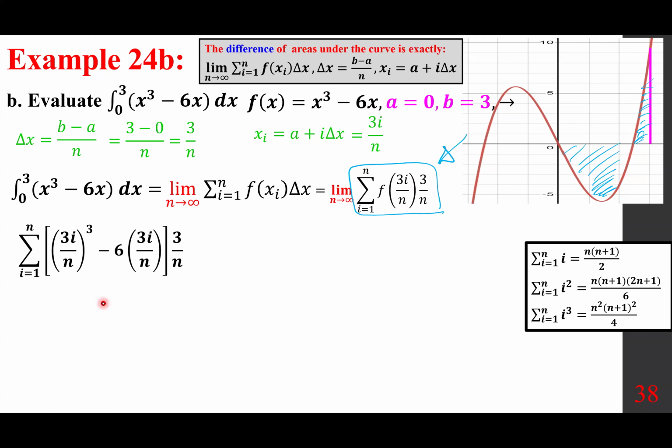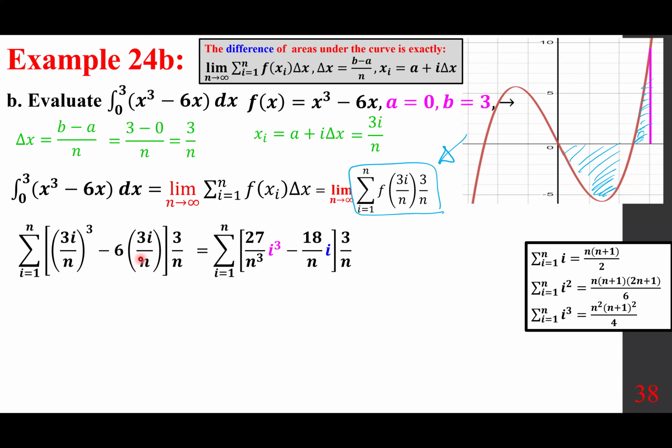So this part is this. Now, this is 3 cubed, 27 over n cubed times i cubed, minus 6 times 3, 18 over n times i.